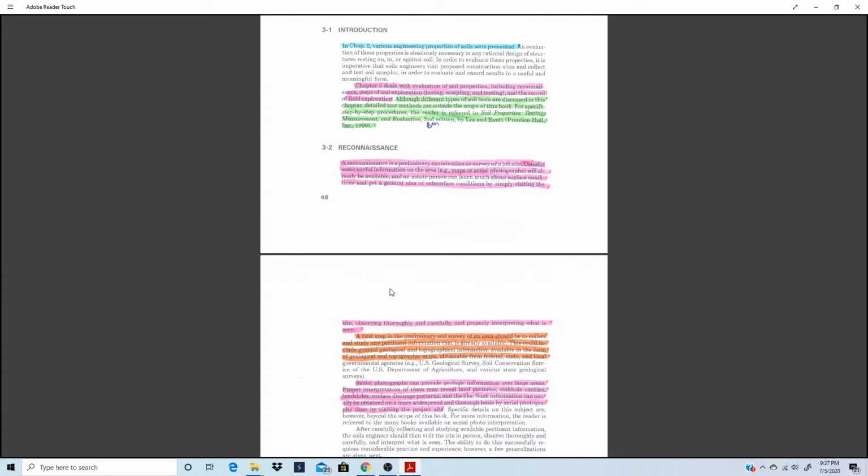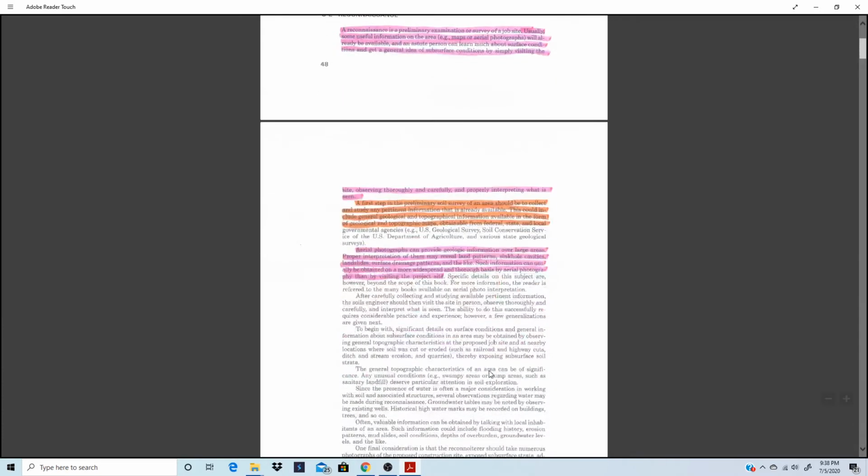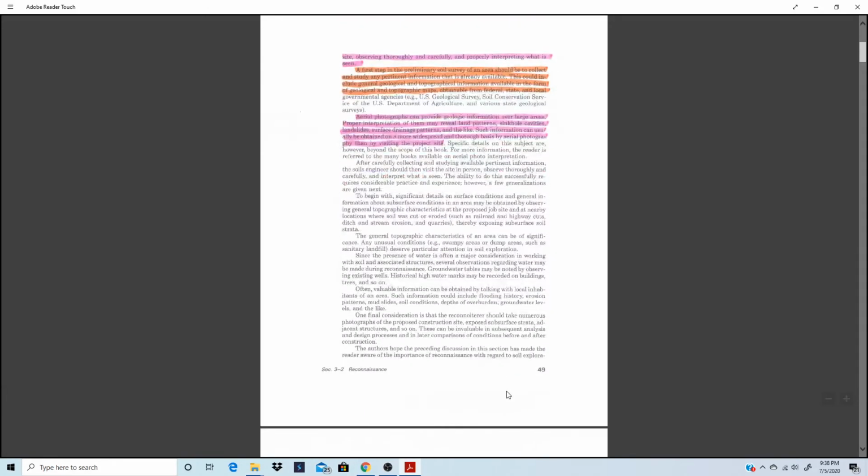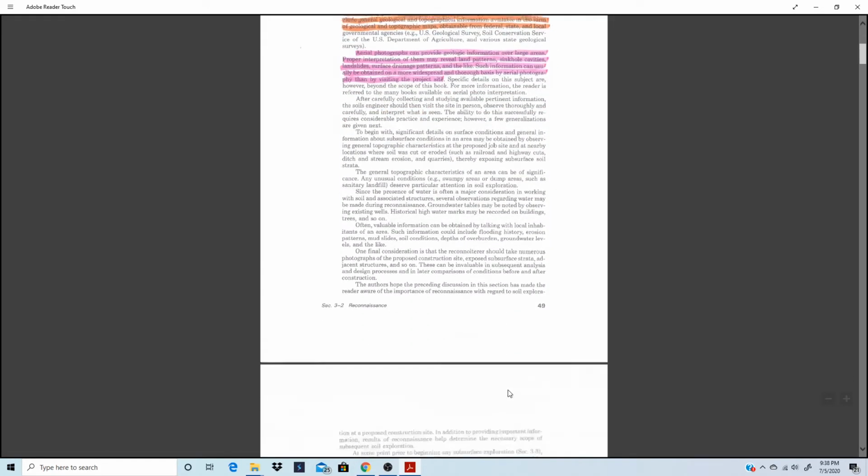Of course, we can't understand what we're going to get involved with underneath because you can't see that, but you can get some idea from just visiting a site. So that's some ways that we can do stuff ahead of time before we go out there, but you want to do an on-site evaluation.